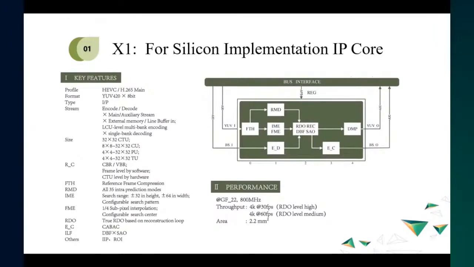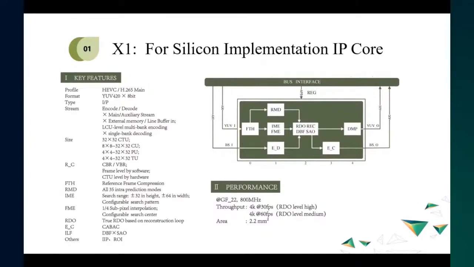And for the RDO, we use true RDO based on the reconstruction loop. It also supports CABAC debugging, SAO, and other features like ROI configuration, and also I-frame, P-frame, skip and merge.